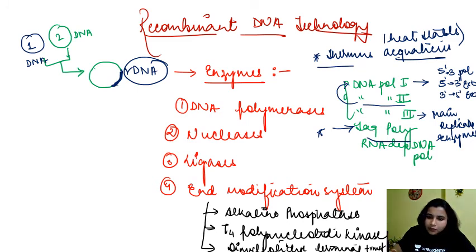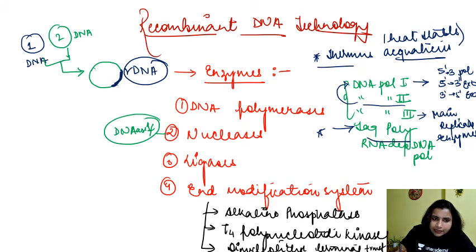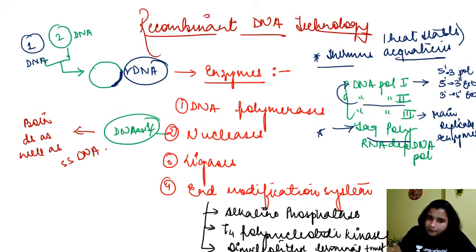Next, we have seen the nucleases. Nuclease is basically DNase 1. What will it do? It will cleave both double-stranded as well as single-stranded DNA, right? Coming to ligases, what is the function of ligases? It helps in the attachment.